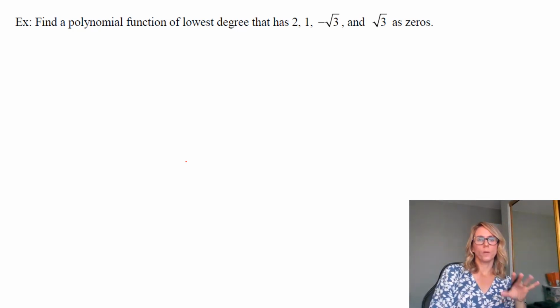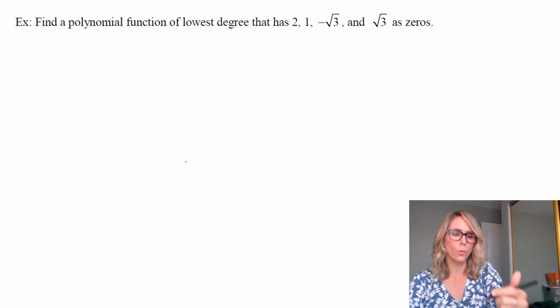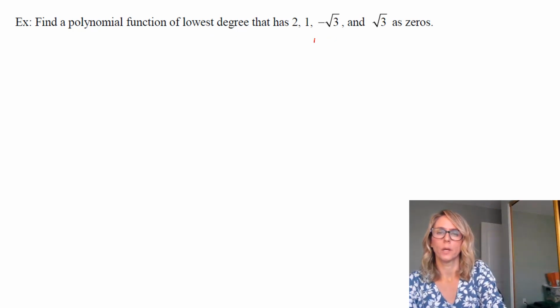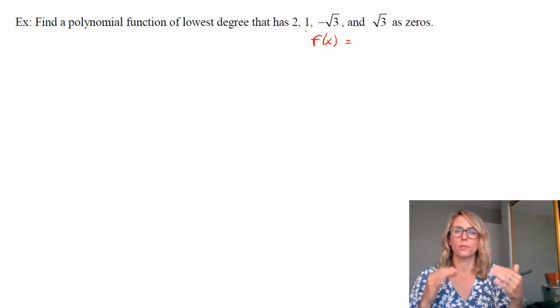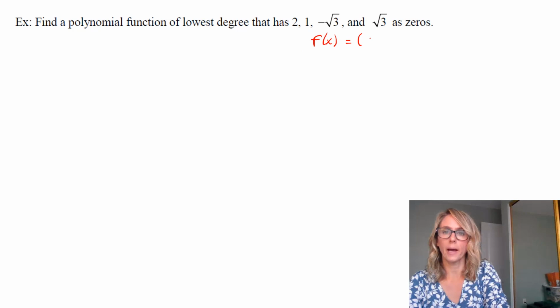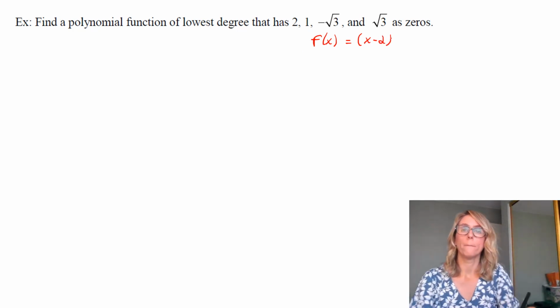Okay, so now find a polynomial function of lowest degree that has these certain zeros. So what I want you to see real quickly is, for example, if we have 2 as one of our zeros, that means that x minus 2 is one of the factors.